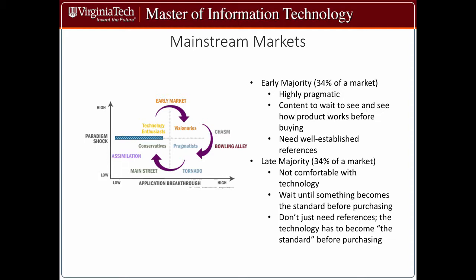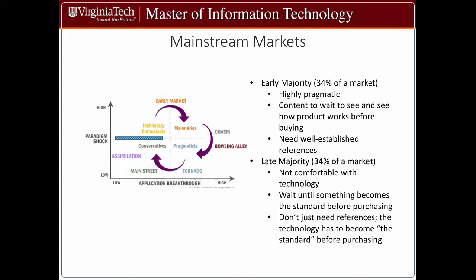These are people that are content to wait and see how a product works before they buy it. And so they oftentimes need well-established references. And one of the things we'll also talk about is actually for early majority, it's important to have competitors. It's important to have people, or competitors offering products that are similar to ours, because the early majority people can then compare to make sure they're getting a great deal, to make sure that this is something that fundamentally works.